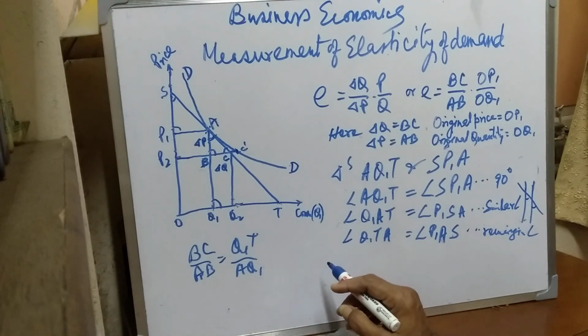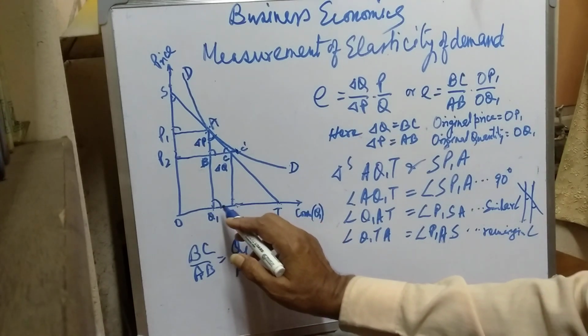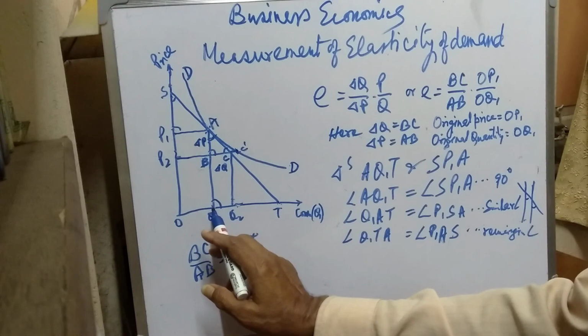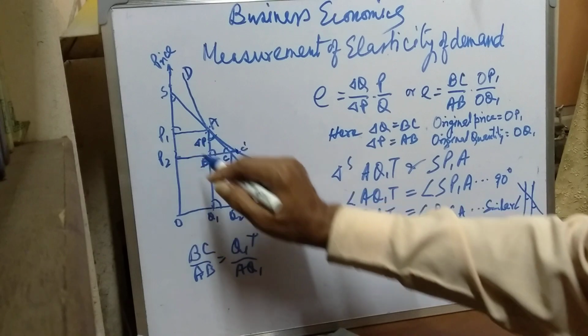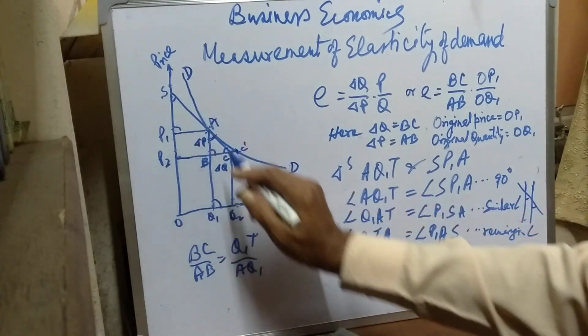Here we can say that the sides will be proportional: base by base equals vertical by vertical equals hypotenuse by hypotenuse.